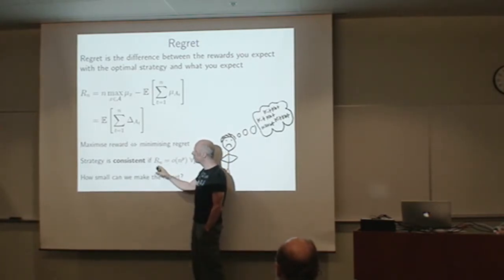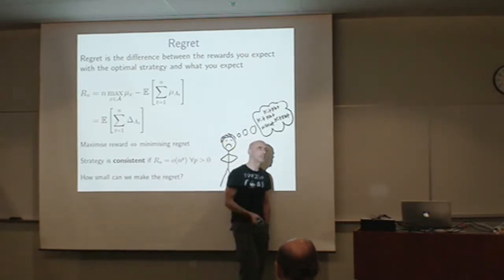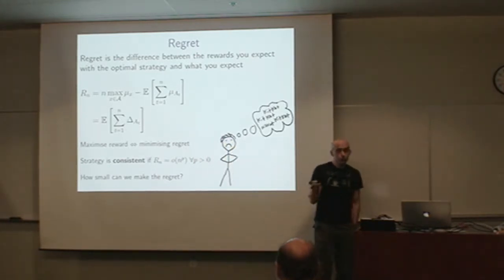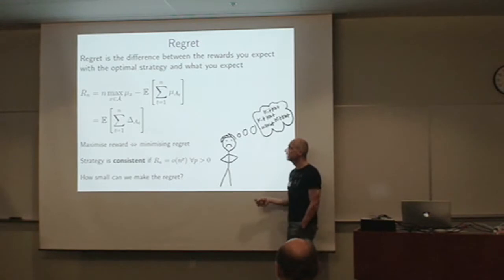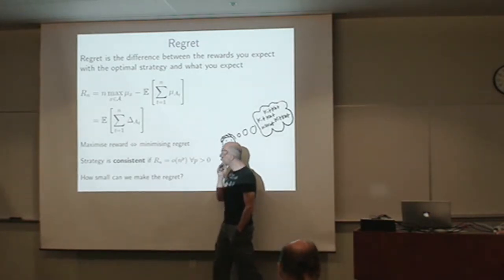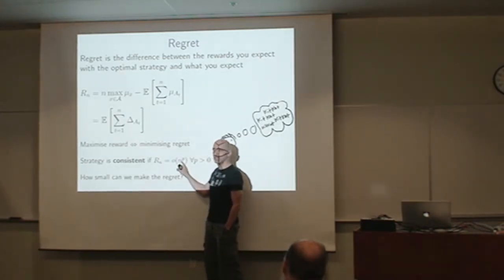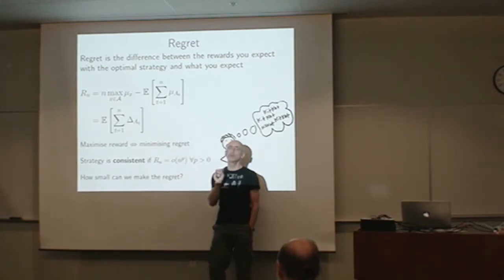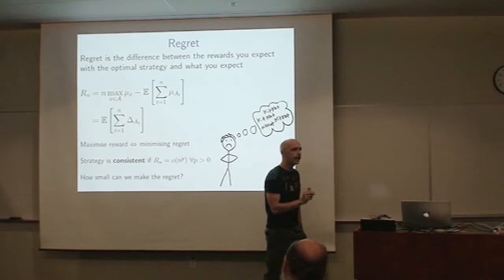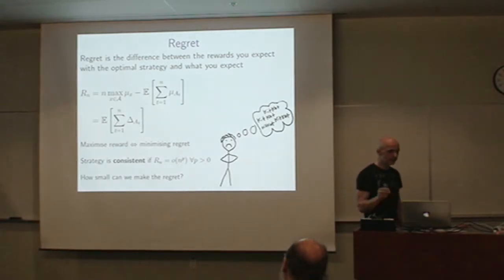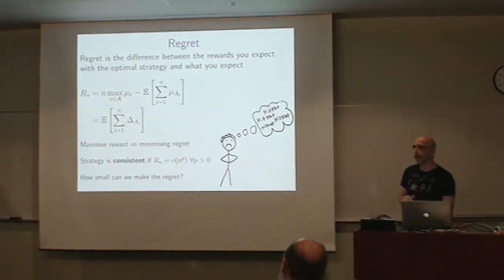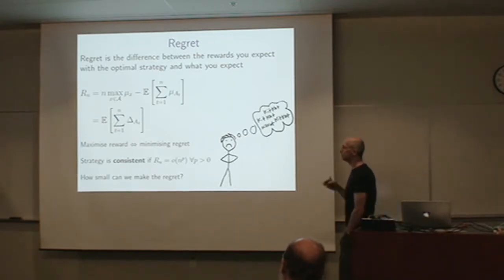If you divide R_n by n, that should go to 0. So that's a sublinear rate. If you strengthen that and say that I have a strategy such that for all p, not only for p equals 1/2 or whatnot, but every small p, the regret grows at most at the rate of little o of n to the p, then we call the strategy consistent.